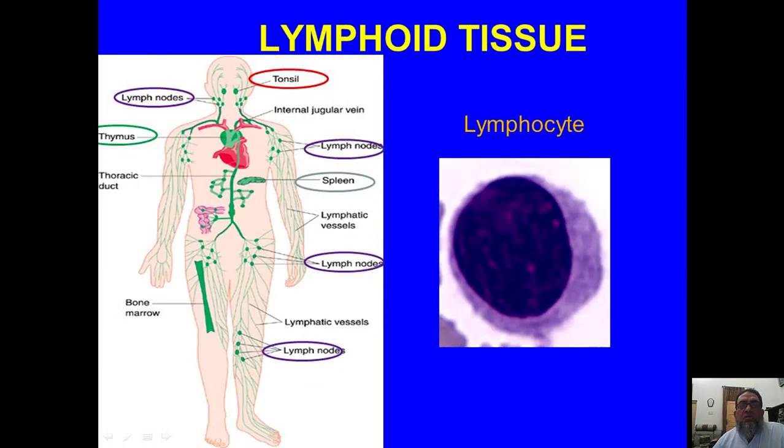Now, this is the slide of a general organization of a lymphatic tissue. On the right side, this is a histology of a lymphocyte, which is the unit cell in the lymphatic system. Now, you see it comprises a large nucleus, much more basophilic in staining, with a rim of cytoplasm at the side.